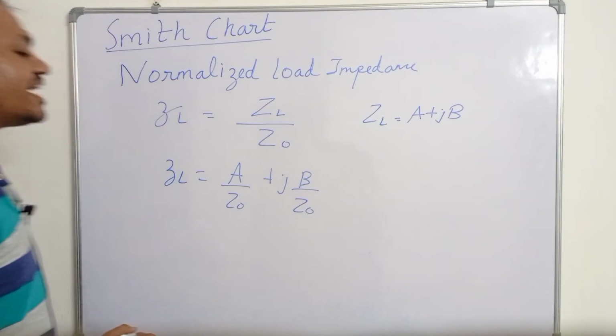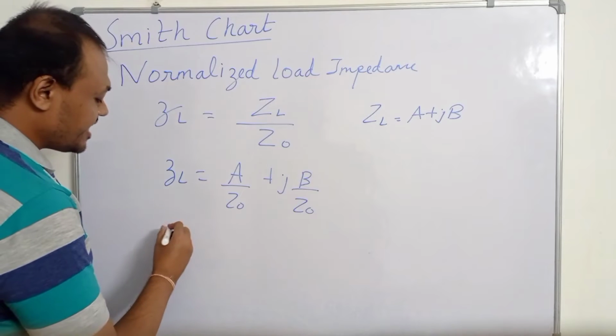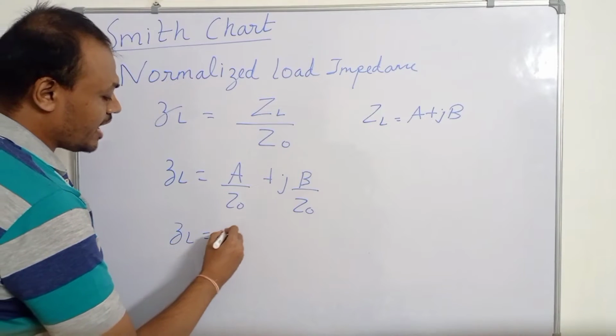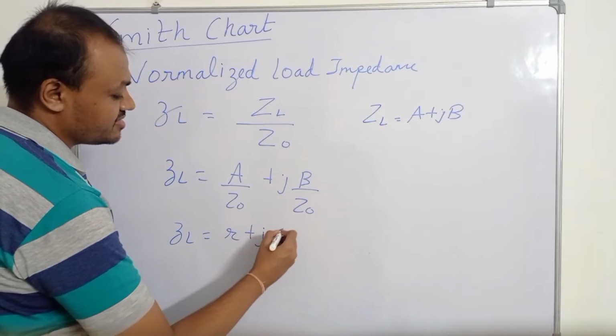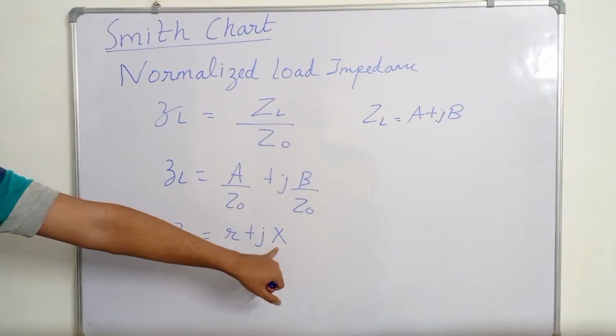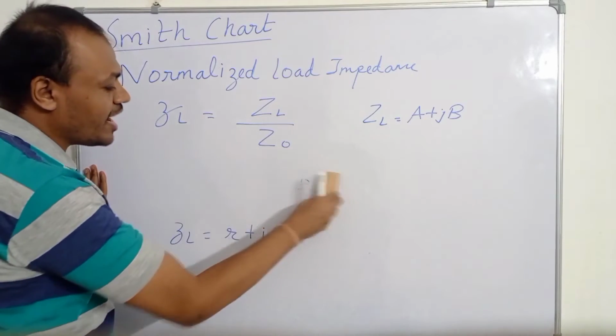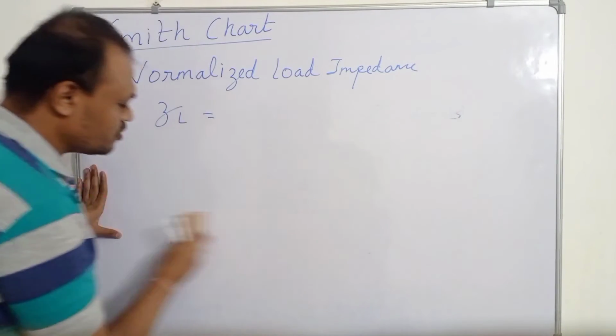This can again be written as ZL equal to R plus jX, where R is the resistive part and X is the reactive part of the load impedance. So we can say ZL is equal to R plus jX.